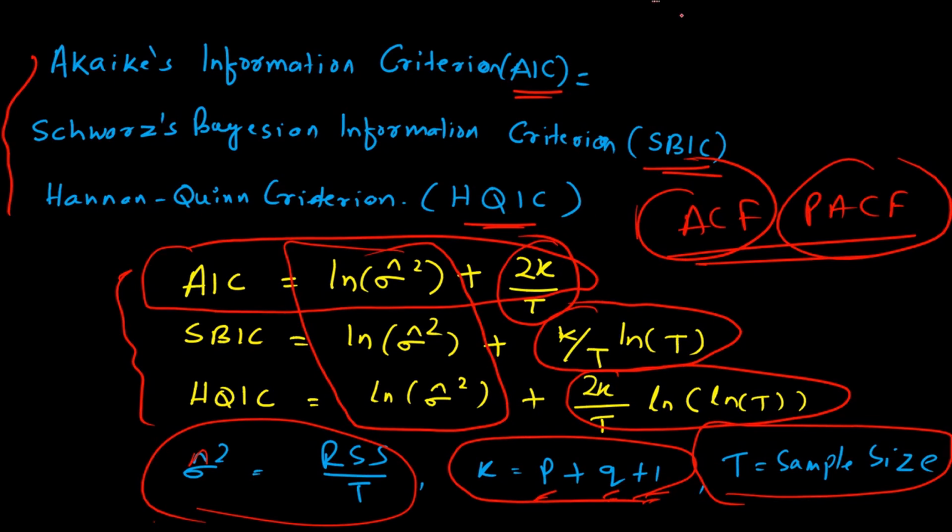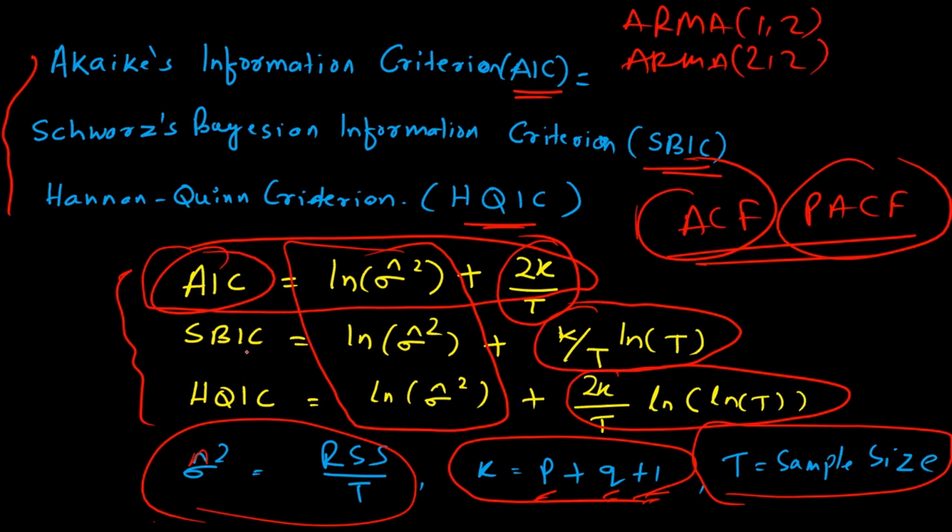So how do you do it in practice? If you're confused between ARMA 1-2 or, let's say, ARMA 2-2, what you can do is estimate the model and find out the AIC value. Let's say AIC is the one you're using for finding the order. Find the AIC value for the second model also, and see which one is less.